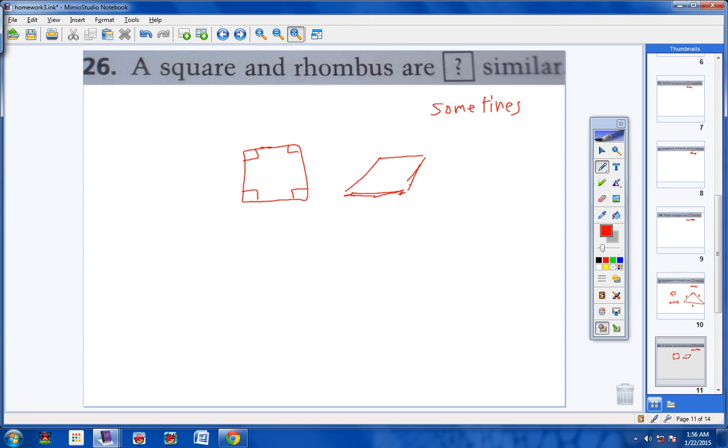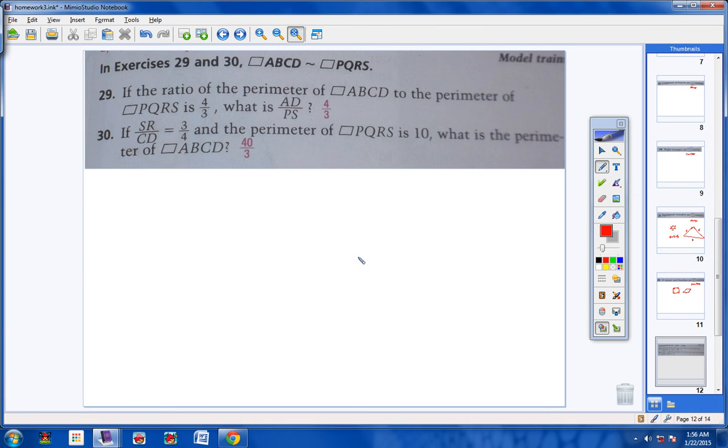Alright, moving on to numbers 29 and 30. Okay, now look what we have up here, students. ABCD is similar to PQRS, okay? If the ratio of the perimeter of ABCD to the perimeter of PQRS is 4 to 3, what is AD over PS? Now, come on, guys, look at this, please. AD over PS means side AD over side PS. Now, we learned theorem 8.1, okay, in the video.